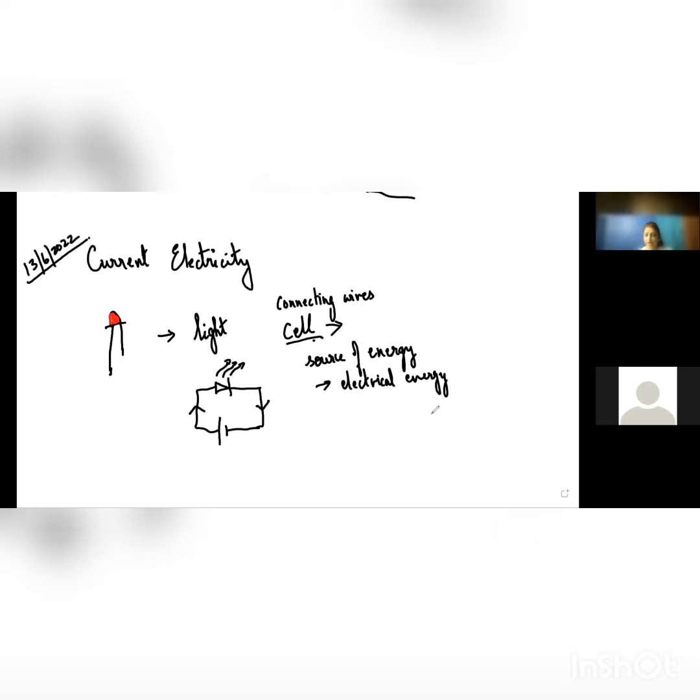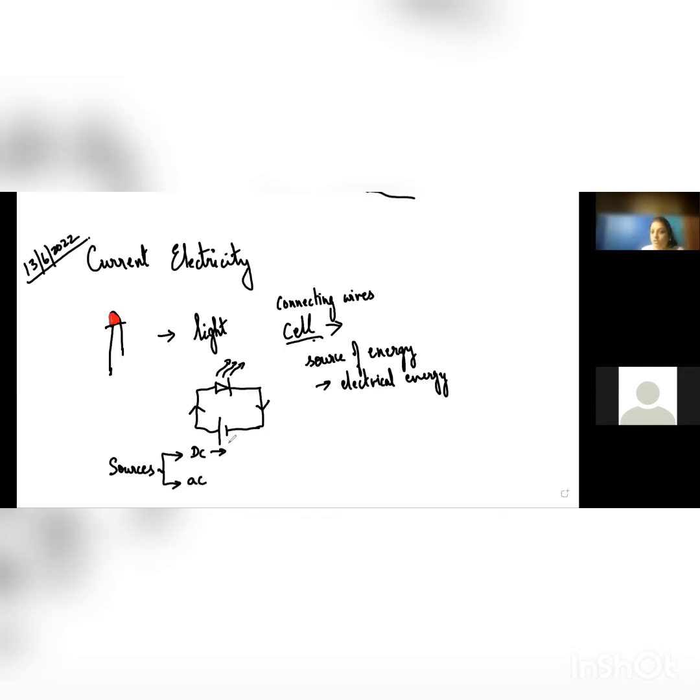So coming to sources, there are two types of electrical sources. One gives you a DC supply and the other is your AC supply. What is DC? Direct current. So we will be concentrating more on DC, and AC, maybe 6th chapter onwards, we'll be talking about AC.